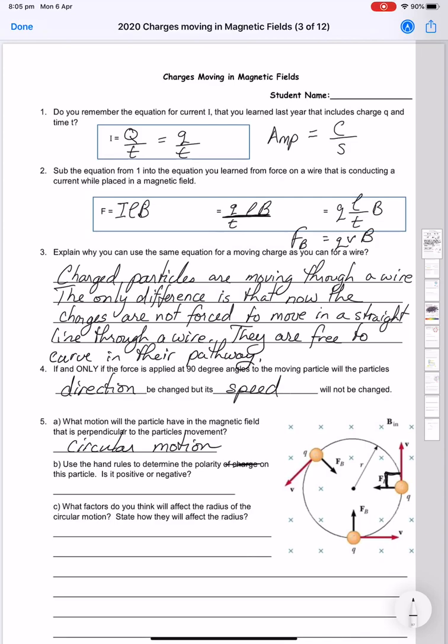And you're going to orient your thumb in the direction of the velocity. So just pick one of the 3 points on this curve to do that. Now, if your right hand works and gives the force in the proper direction, then it is a positively charged particle. If you have to use your left hand, and remember you use your left hand for negatively charged particles, if it's the one that works, then this is a negatively charged particle. So hopefully you've tried it, and you will determine that it has to be a positive charge.